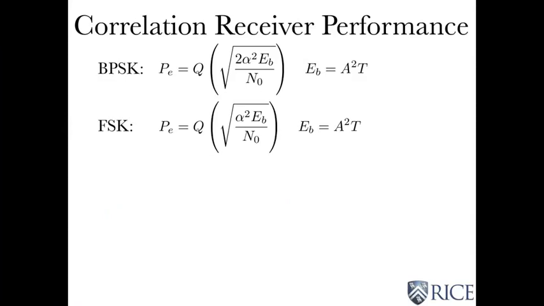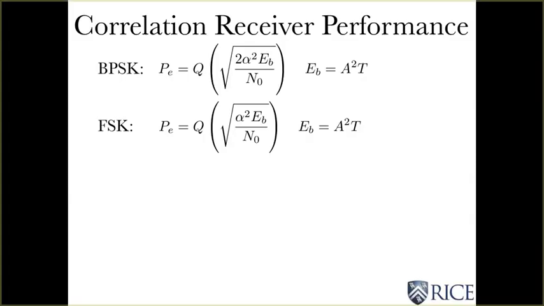So let's see the signal set, the effective signal set. I've normalized things in terms of what's called Eb, which is the energy per bit. Each of them puts out the same amount of energy for a given bit, whether it's BPSK or FSK, I'm assuming, modulated here.